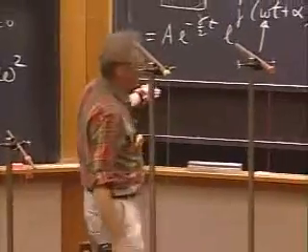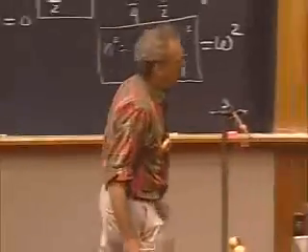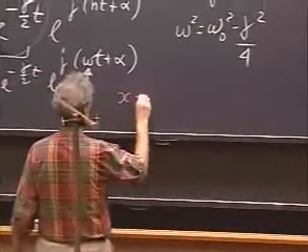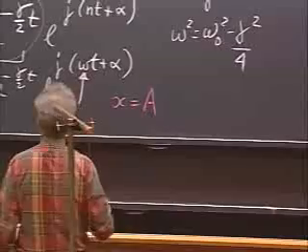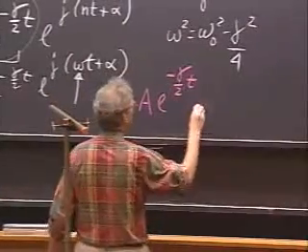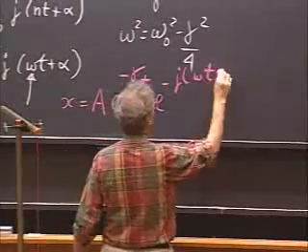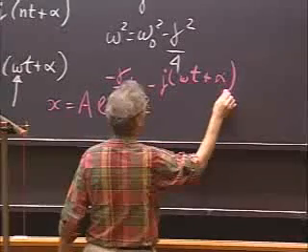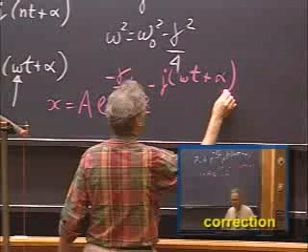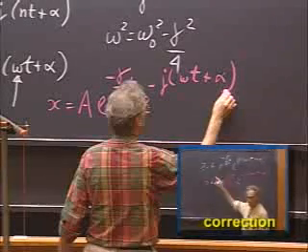And so we can now write down, in all its glory, the real part of this function, which then becomes x equals some amplitude a times e to the minus gamma over 2 times t times e to the minus j times omega t plus alpha. Look what I did. I have an equation in the complex plane.